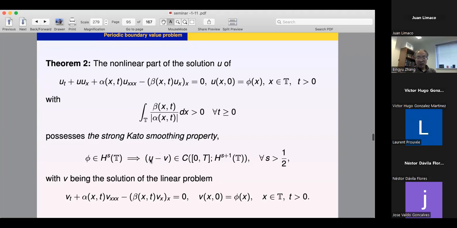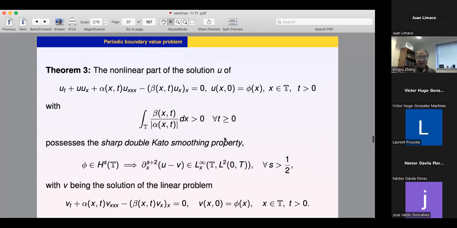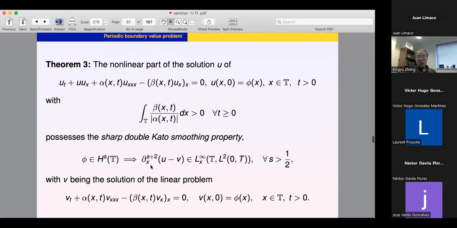The difference between the solution of the nonlinear problem and the solution of the linear problem is called the nonlinear part of the solution u. It has a strong Kato smoothing, continuous in time, in H^(s+1). Then next, the nonlinear part of the solution in fact possesses a sharp double Kato smoothing, so it is two orders smoother than its initial value. Sharp two. That basically answers our question here.